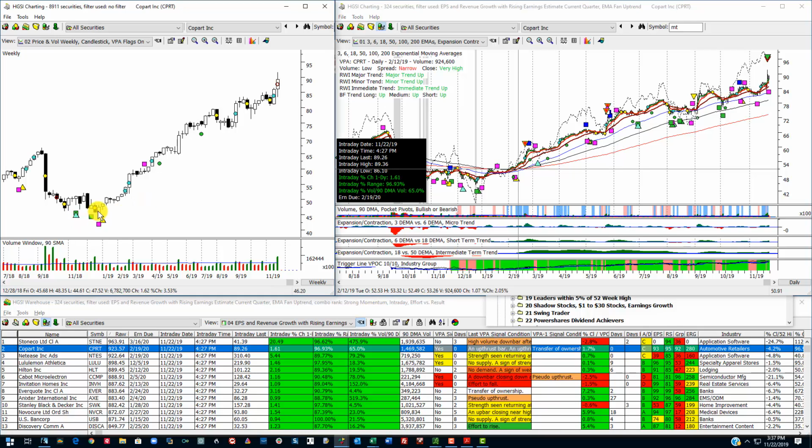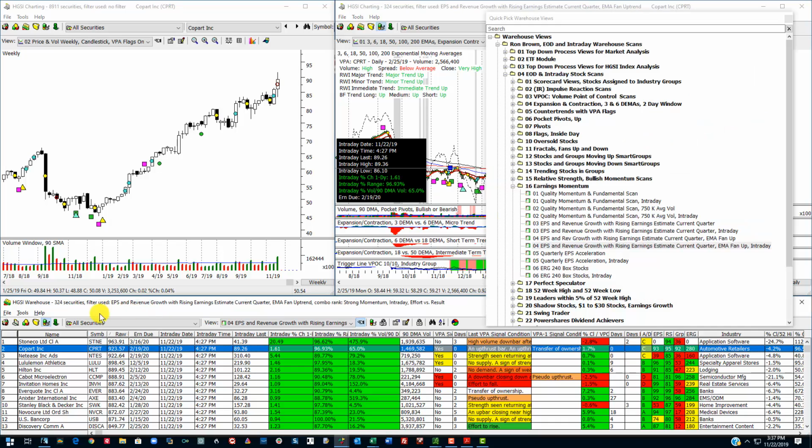What was it in here? $45. So right in here is when the weekly or daily chart where the fan started coming into place. Looks like it was around $52 or so. So this is a screen. Still 324 stocks meet the requirements.